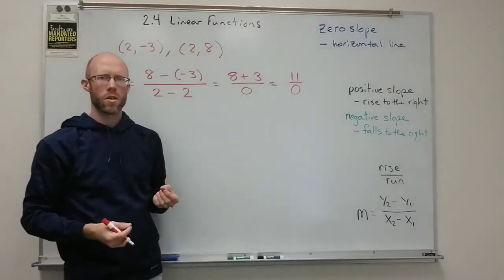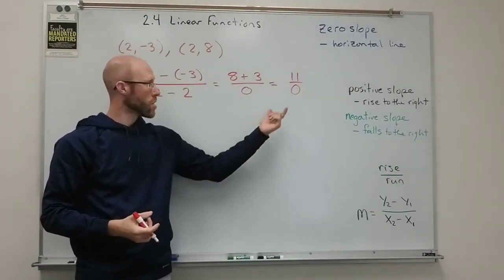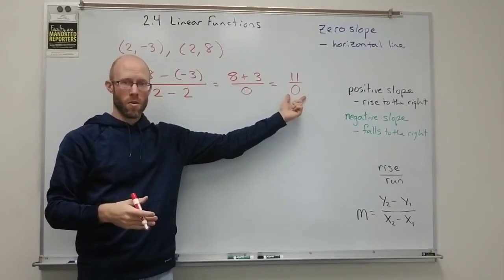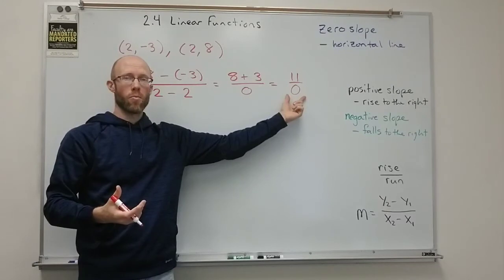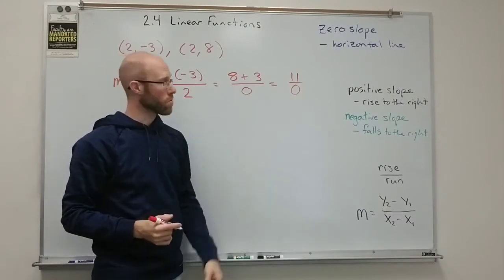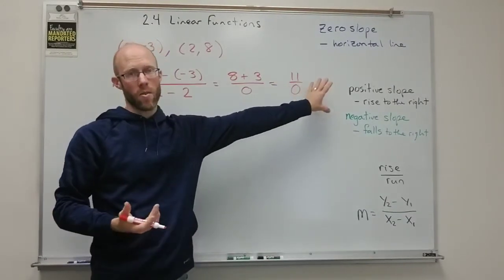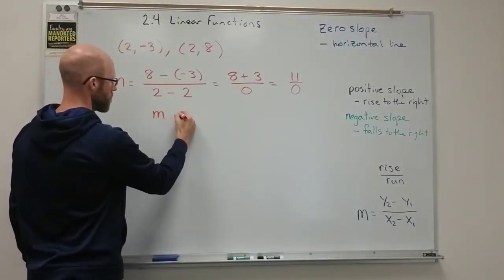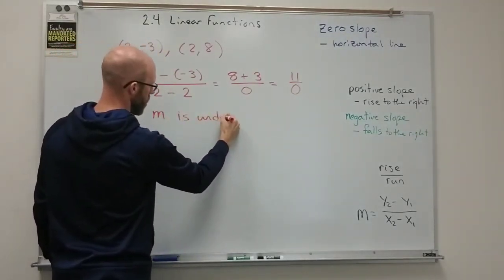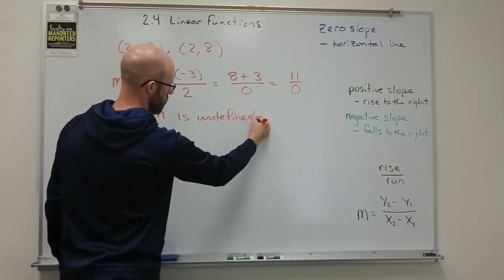Now, what's interesting about division or fractions is that when you divide by 0, or 0 is in the bottom denominator, you end up with an undefined value. Okay, so this actually is not a value at all, it's undefined. And so we would say m is undefined.